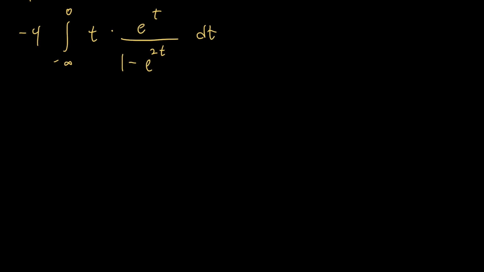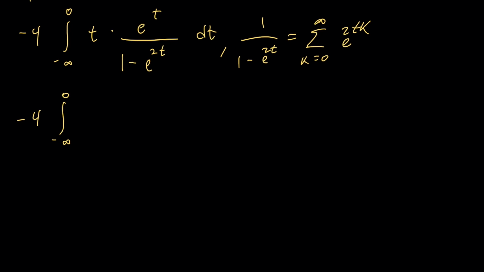And then from here, we'll use the fact that 1 divided by 1 minus e to the 2t is the sum from 0 to infinity of e to the 2tk. So we have -4, the integral from -infinity to 0, t times e to the t, and then the sum from 0 to infinity, e to 2tk dt.